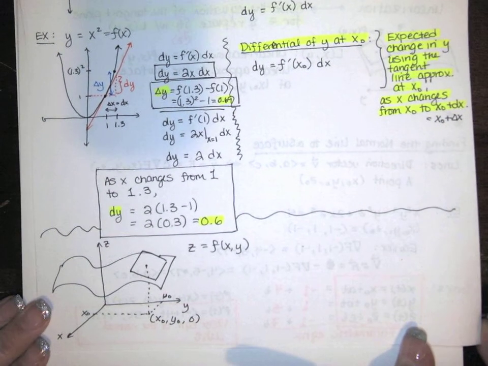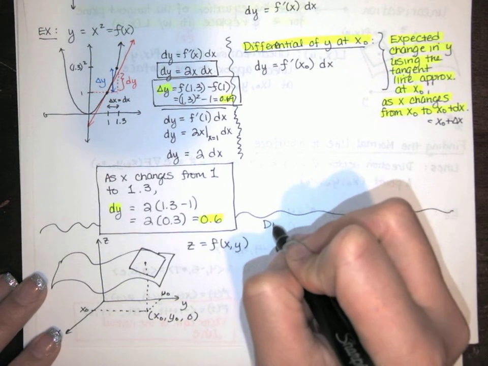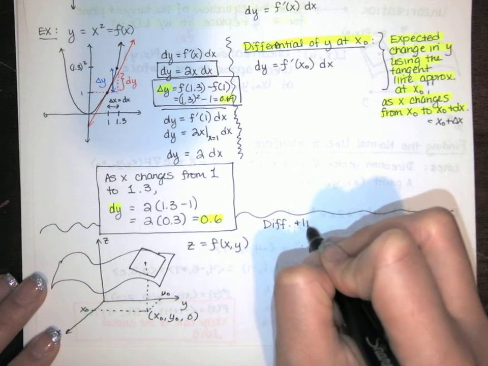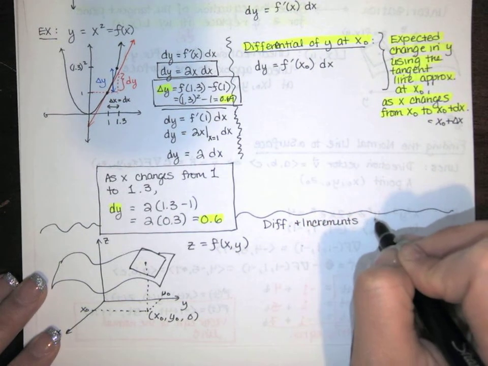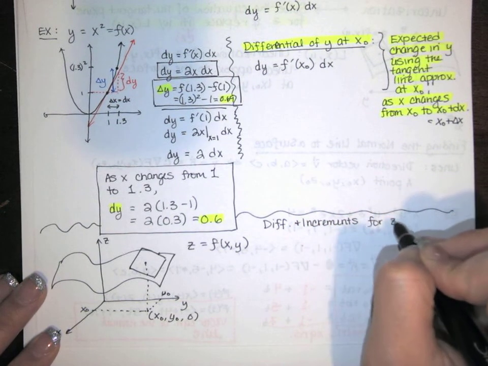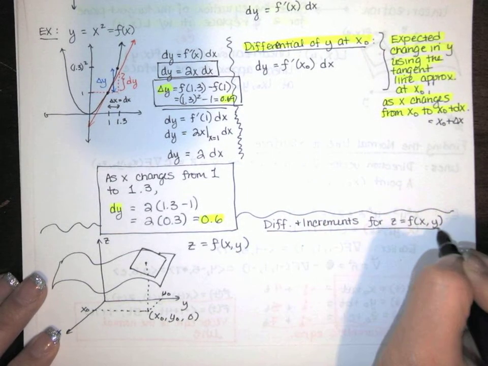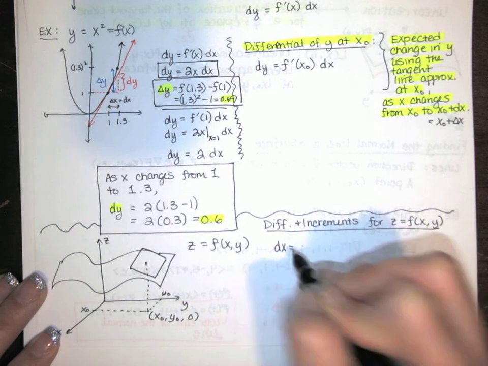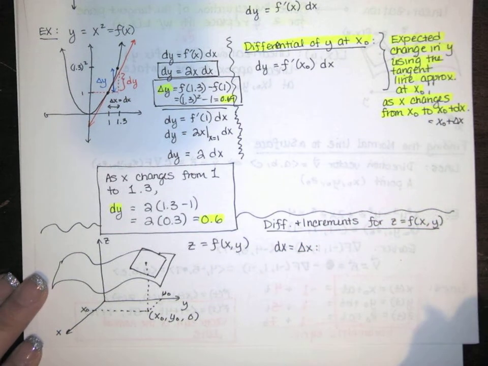Okay, so now in this context, when we're talking about increments and differentials for z equals f of x, y, and if you are cringing at the fact that dx and delta x are the same, that's where this is controversial.